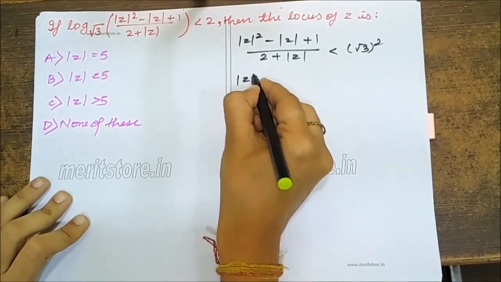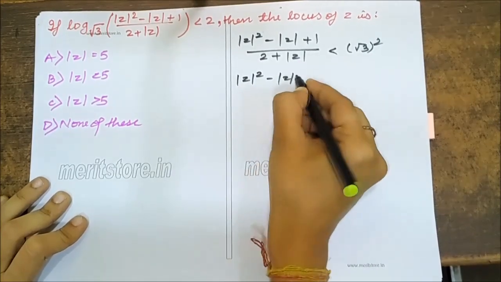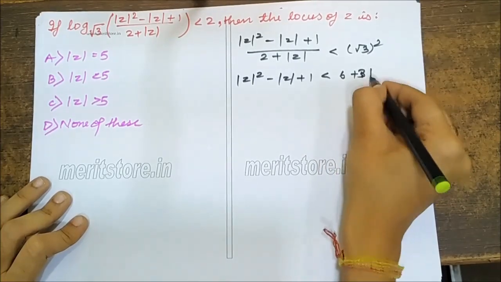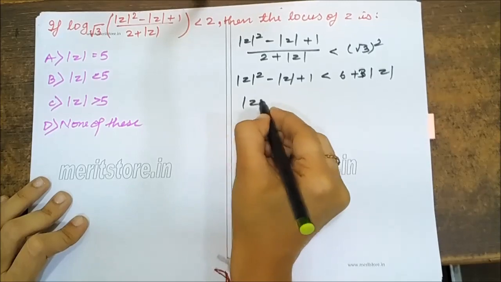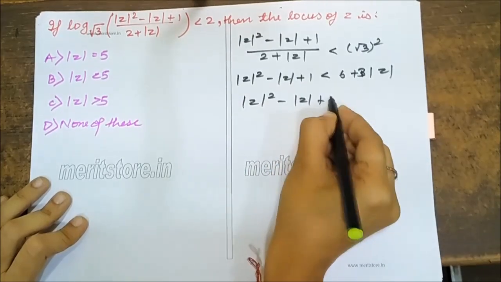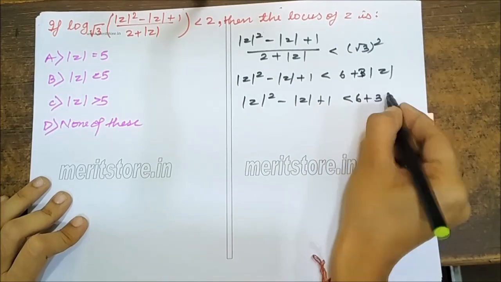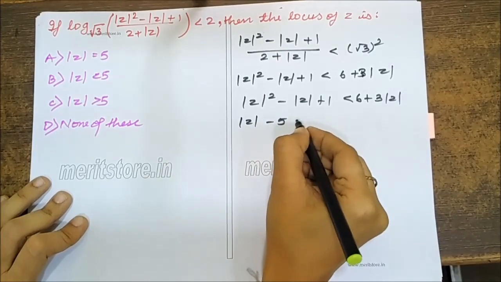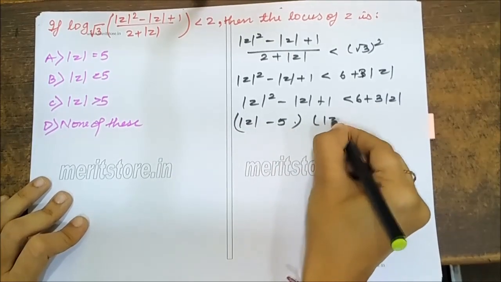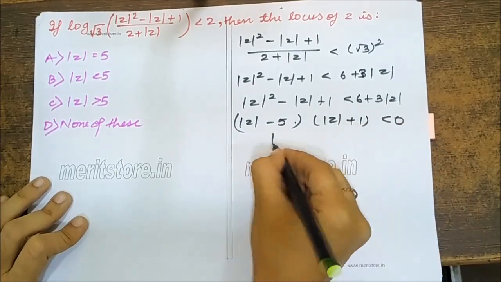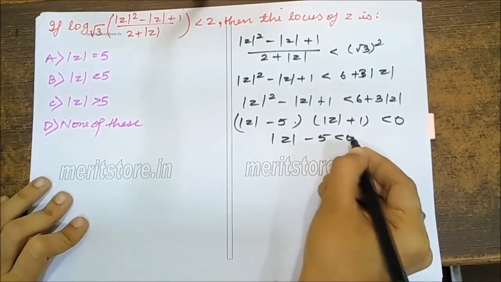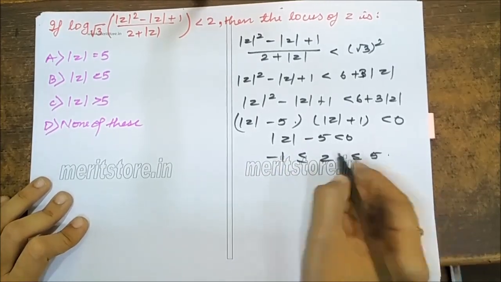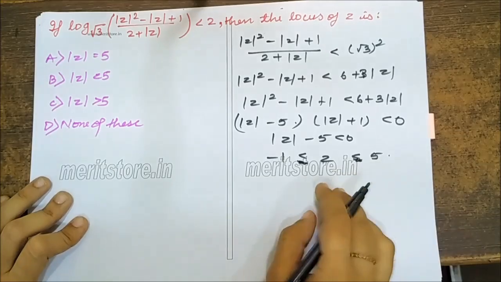After that, modulus of z square minus z plus 1 is less than 6 plus 3 modulus of z. So modulus of z square minus z plus 1, modulus of z plus 1, modulus of z. So it will lie between minus 1 and 5.